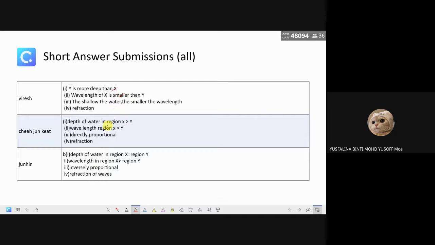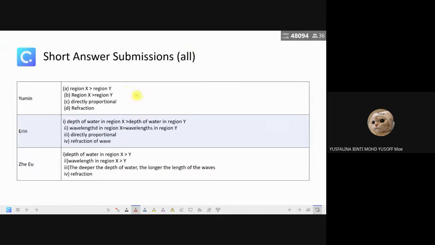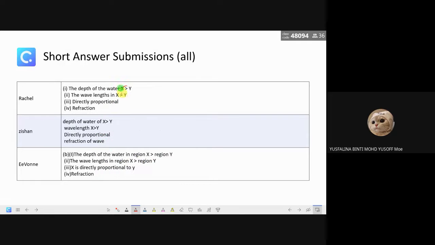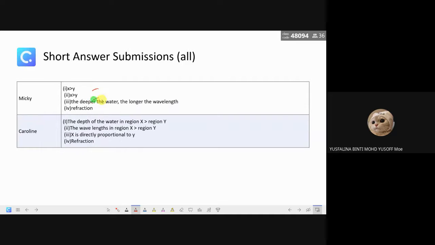Why Y is deeper? X is deeper, right? This one is wrong. The depth of the water is not the same. We can compare the wavelength. If you see there's a difference of wavelength, it means there will be a difference of depth of water there. Inversely proportional, no. It should be directly proportional.